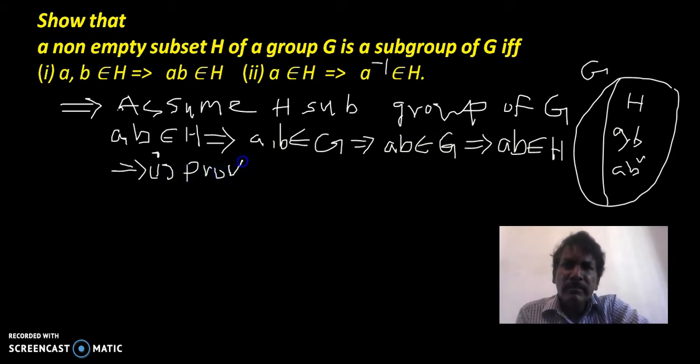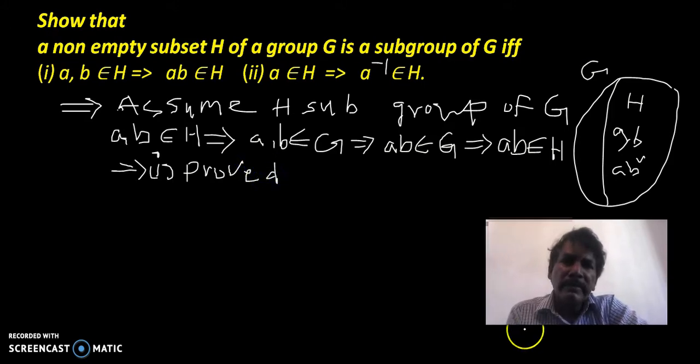Now what about the second one? Let us prove the second one. What we have to prove is that if a belongs to H, a inverse also belongs to H. That's what we have to prove.